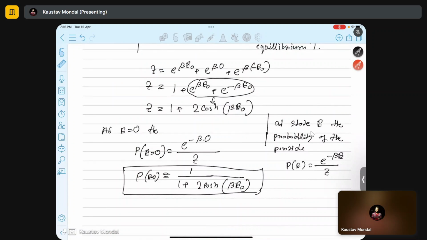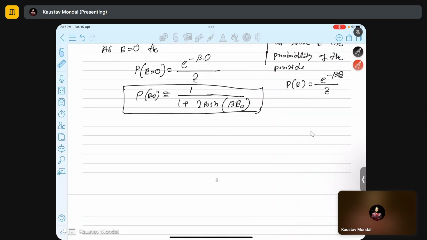So now the next thing is that beta E0 is 2. That is given in the problem. So we can substitute that into the probability as well. By doing that, we can write P at E equal to 0 as 1 by 1 plus 2 into cos hyperbolic 2.